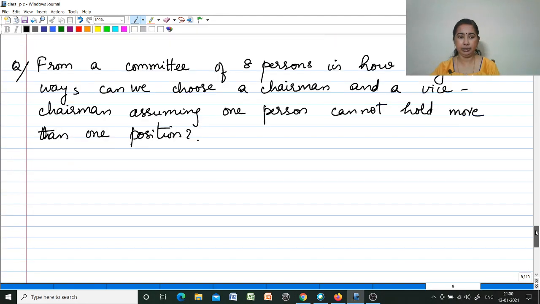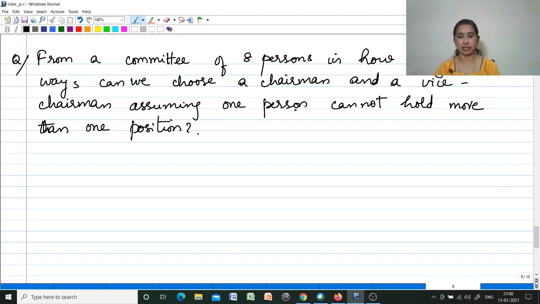Now next one, from a committee of 8 persons, in how many ways can we choose a chairman and a vice chairman, assuming one person cannot hold more than one position? So we have to select 2 persons from 8 persons. There are 2 positions to fill and 8 persons.